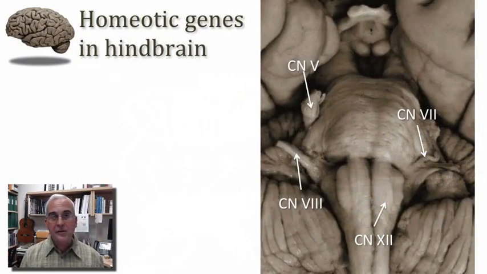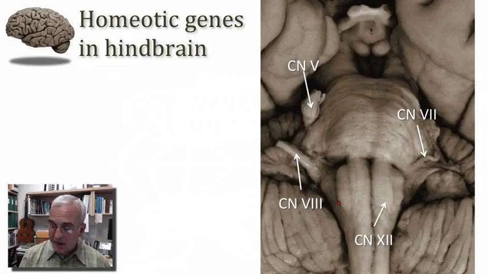Well, I've already challenged you to consider in some detail the anatomy of the differential regions of the human brainstem, for one very good reason, to understand the location of the cranial nerves in relation to divisions of the brain. So hopefully you recognize the relation of the trigeminal nerve to the pons.